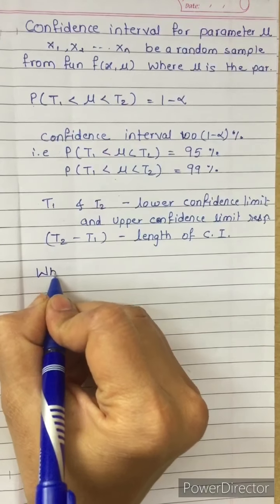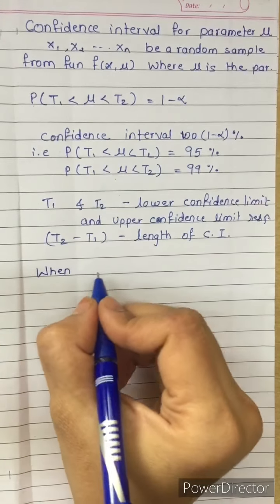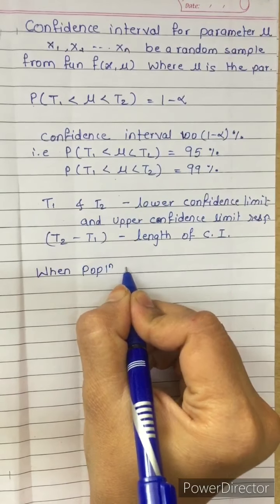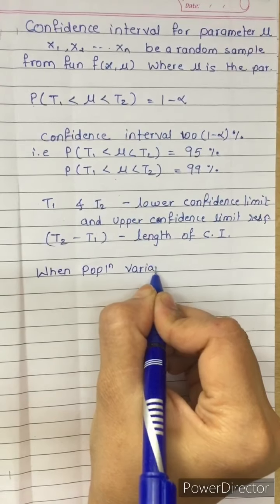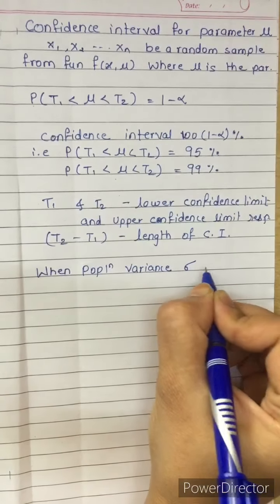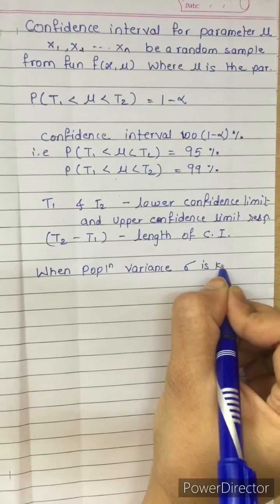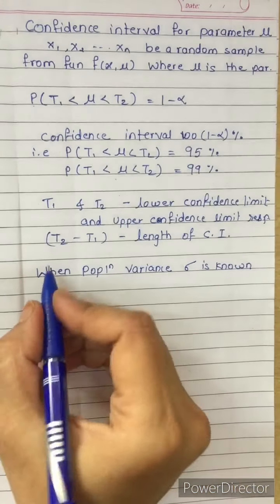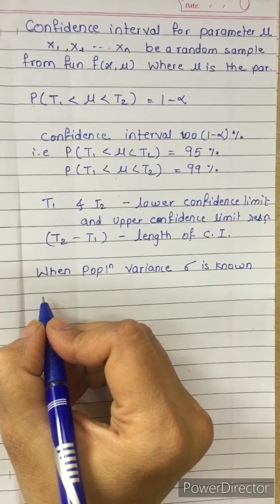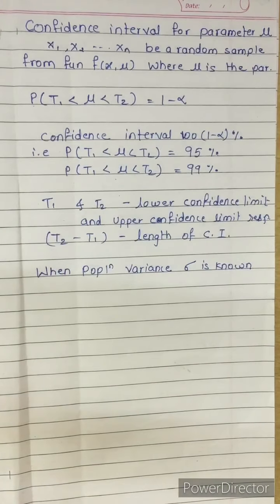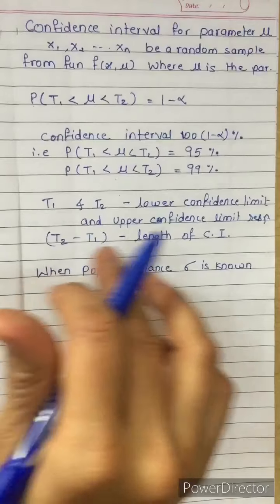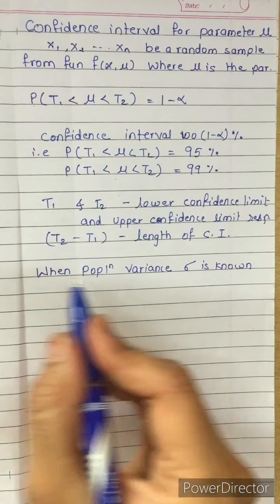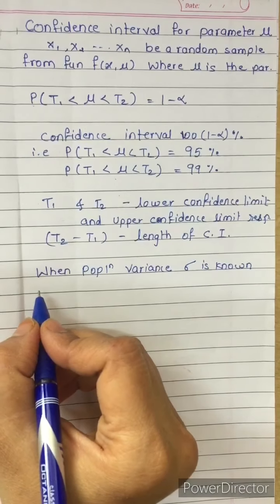When population variance is known, when we know the population variance, that is sigma is known. Now as before I said that the probability of critical region is alpha, okay, but before that our null hypothesis we can mention for two-tailed test.